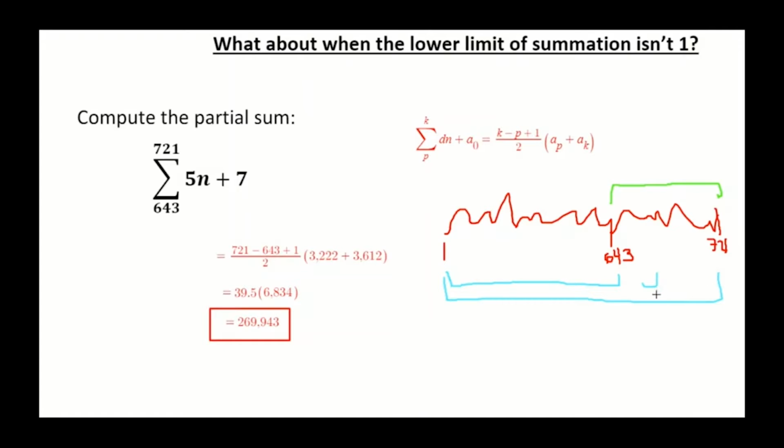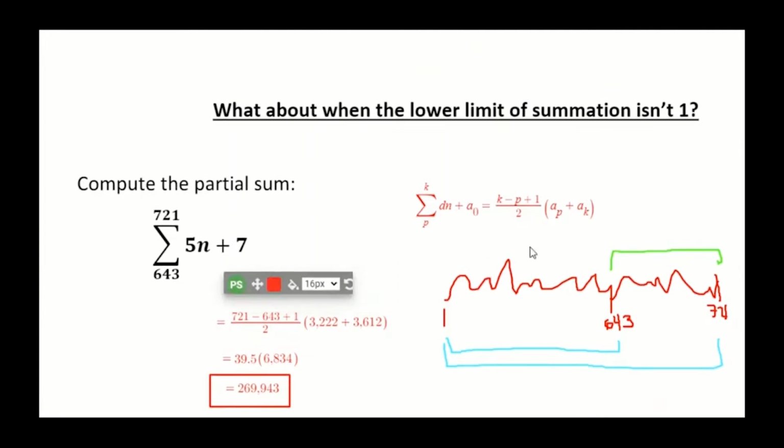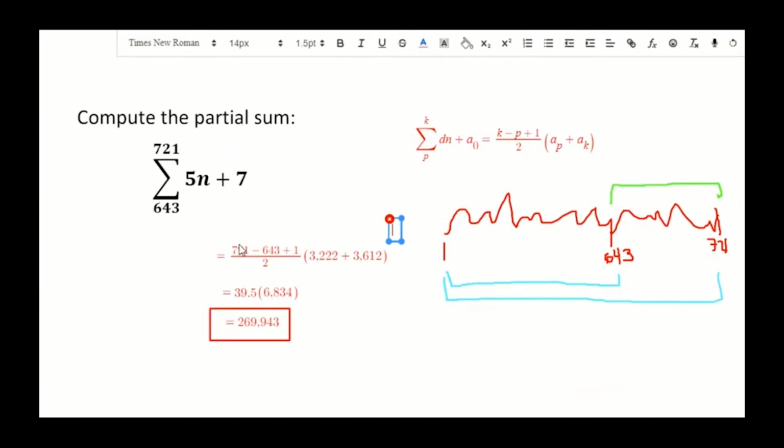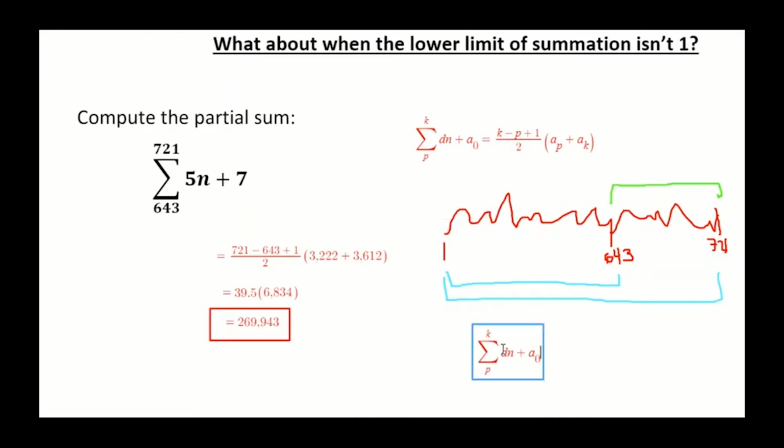If I take the length of this and subtract the length of this, I'm left with just what's in here. So if you do this, starting at 1 with both sequences, your equation would look something like this. You'd have the bigger one first, where we're going from 1 to 721.